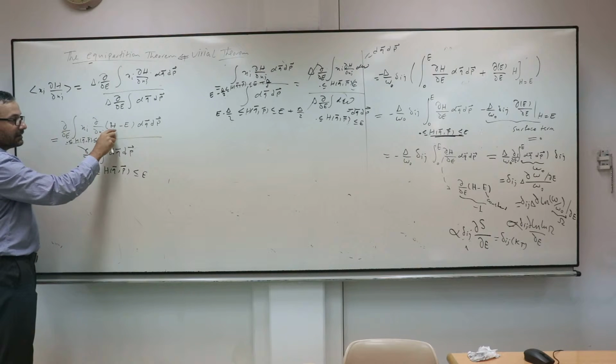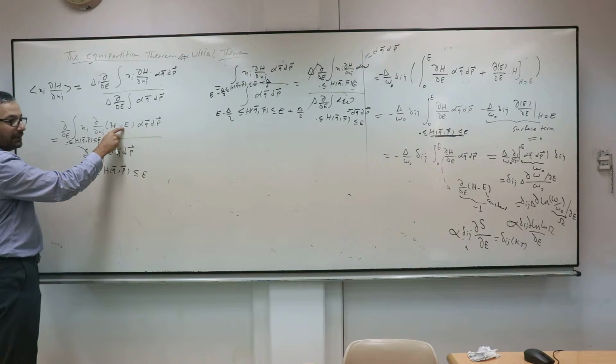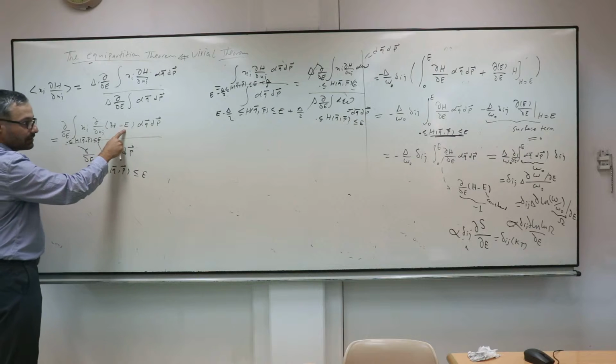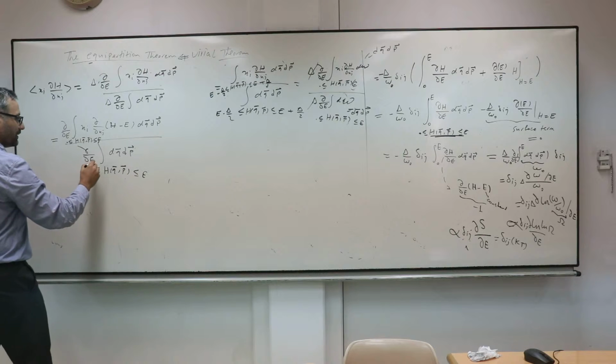What you are talking about is the difference. H is a function of QP, it still is a function of QP. We didn't do anything to the H. We just added the E here. E is a number, I just added that. So if you start the discussion, all the proof will be killed actually.